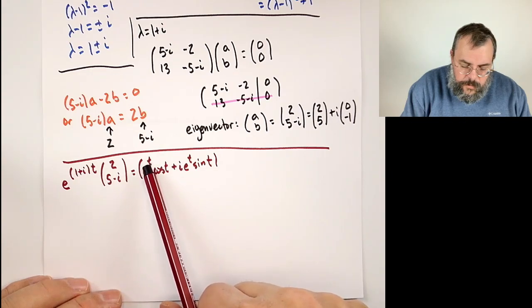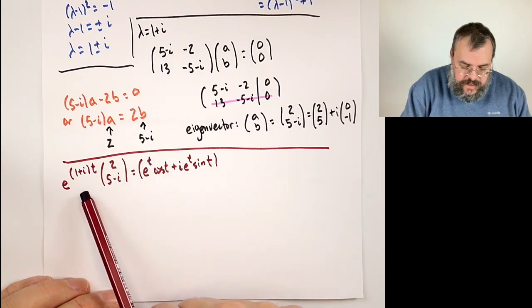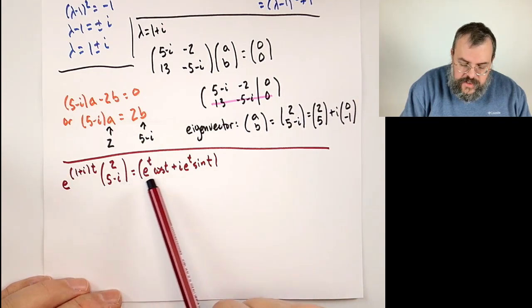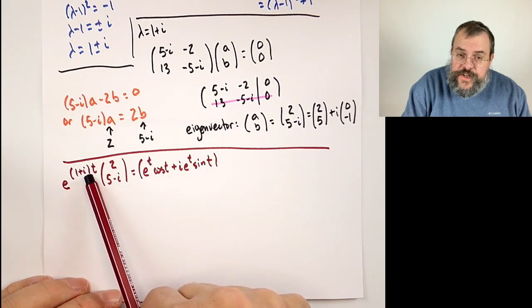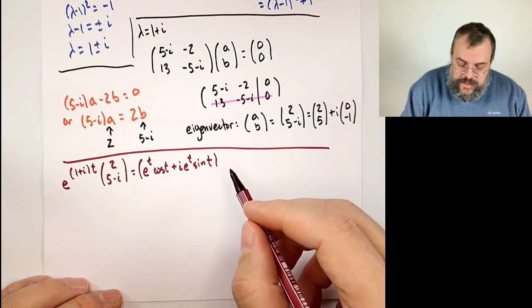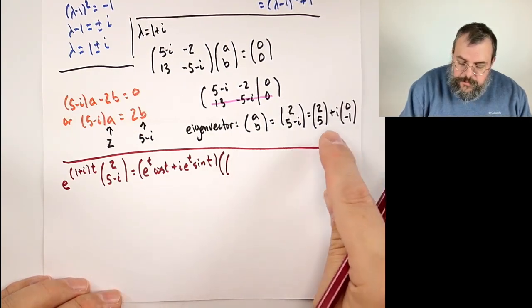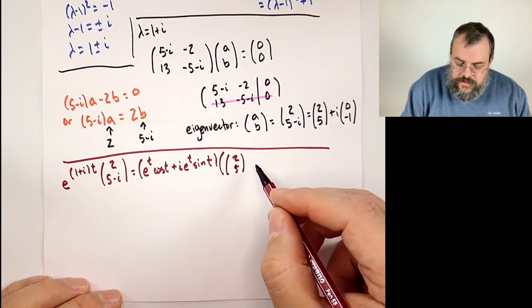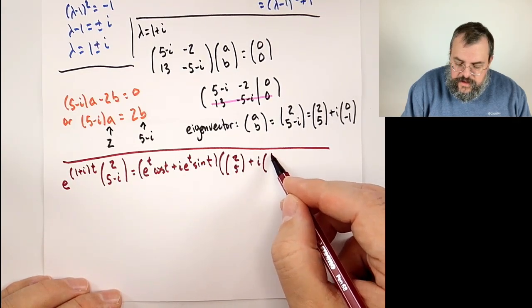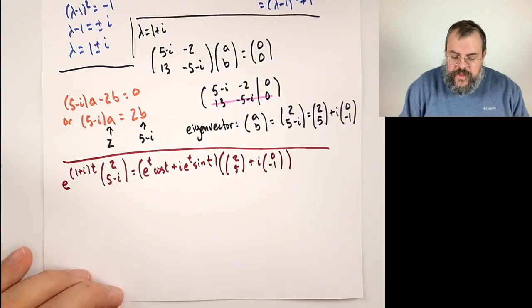The 1 in front of the t in the exponent came from the real part. The 1 in front of the t in the sine and cosine came from the imaginary part. Okay, and then we're going to multiply that by what we did here. We split this up into two pieces. 2, 5, I, 0 minus 1.